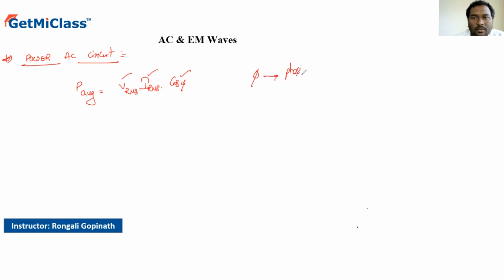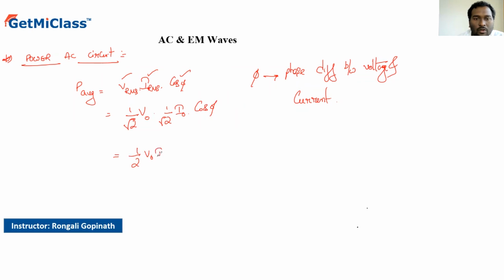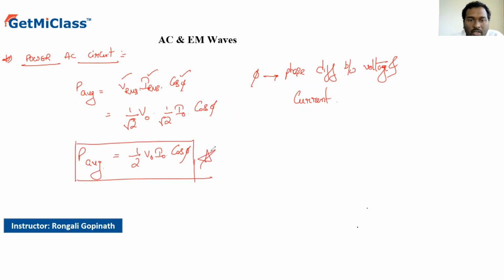Phase difference between voltage and current, right? Which can also be written as V RMS is nothing but 1 by root 2 into V naught, I RMS is also 1 by root 2 into I naught, into cos phi, which is half V naught I naught cos phi. So this is the value for P average or power in an AC circuit.